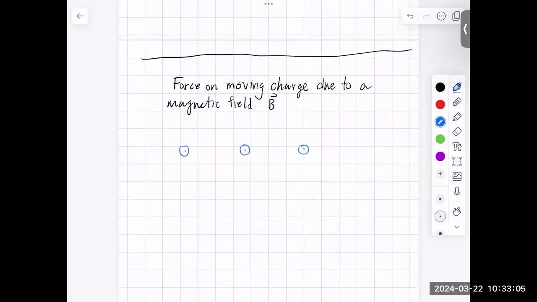I'm going to draw the magnetic field coming out of the screen. So here's all the little arrowheads, and that represents some magnetic field. Maybe it's a uniform magnetic field coming out of the screen. And then we're going to put a charge in there, and our charge is going to be moving with some velocity v at this moment. And we'll say that this is a positive charge, so Q is greater than 0.